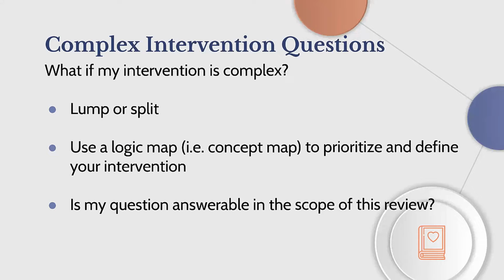Online versus in person, daily tracking versus one-on-one meetings, etc. So the things you need to think about is whether it is better for my interventions to lump them all together into one umbrella of an intervention, or to split them. So do what works best for your topic, what you're trying to find for your outcomes.